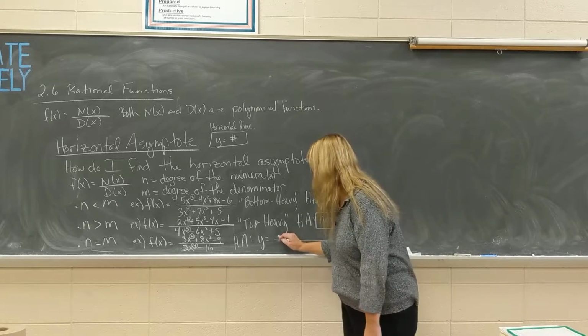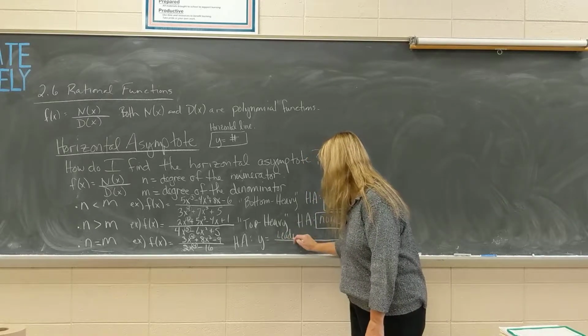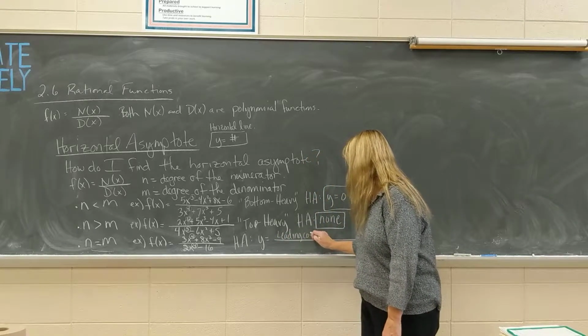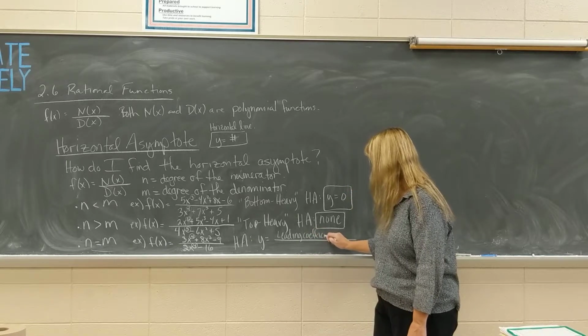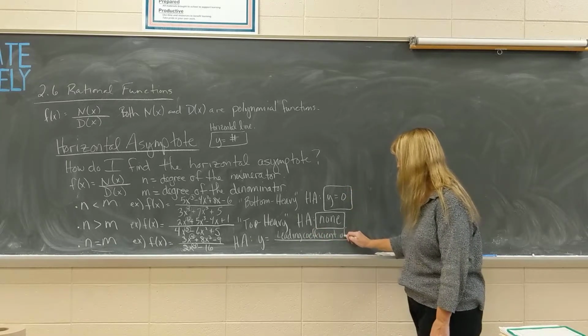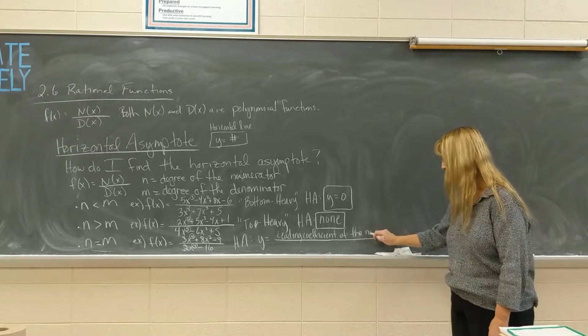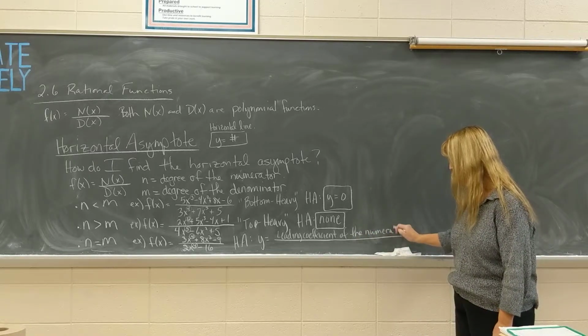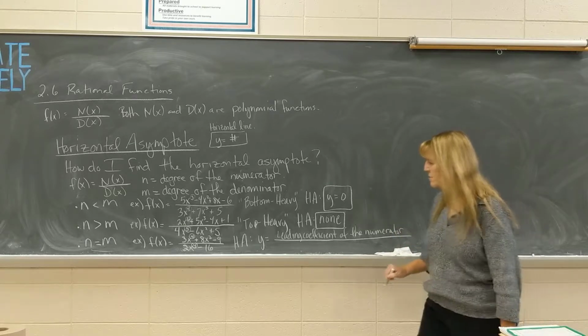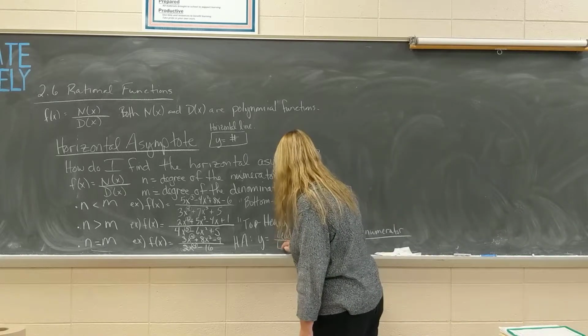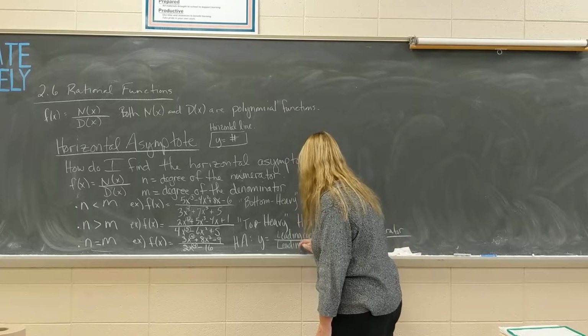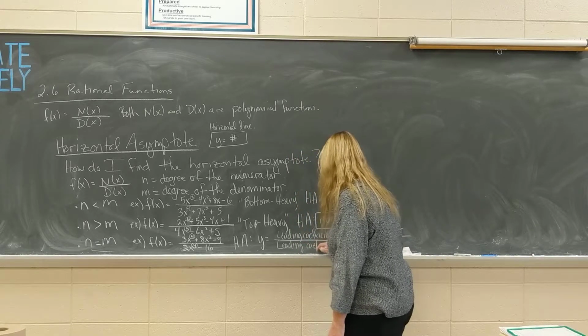The first thing is the leading coefficient of the numerator divided by the leading coefficient of the denominator.